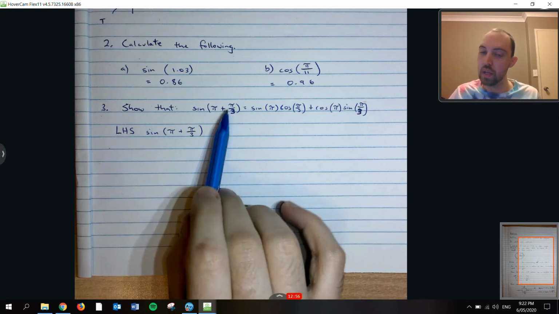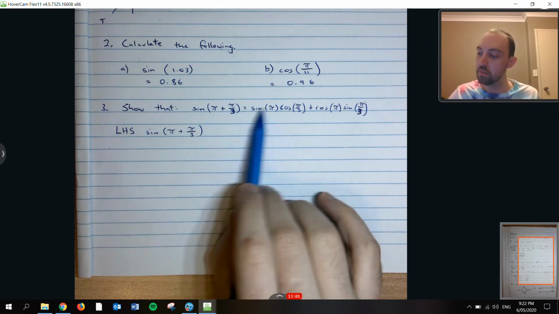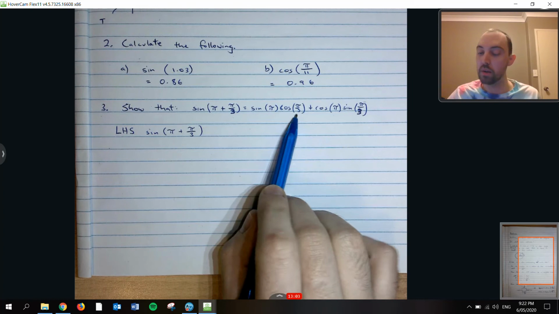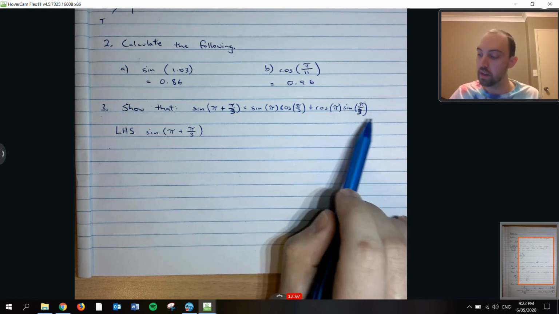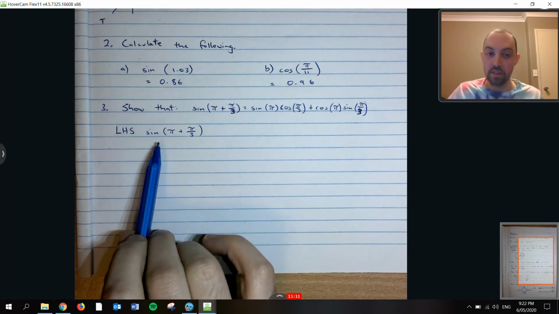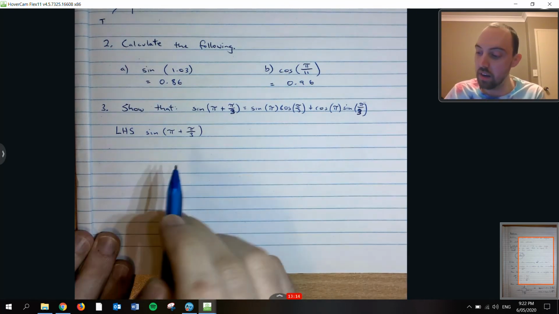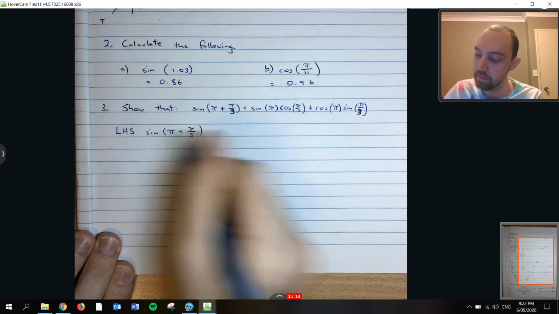We're trying to show that sine of pi plus pi on 3 is equal to sine of pi times by cos of pi on 3 plus cos of pi times by the sine of pi on 3. Okay. Start with the left-hand side. Let's think about sine of pi plus pi on 3.